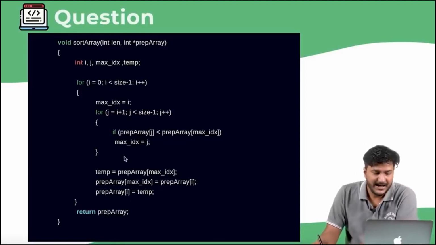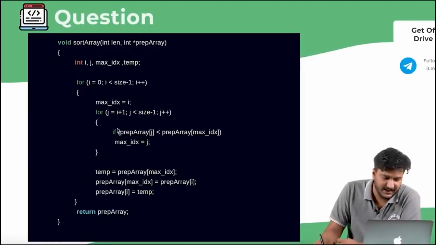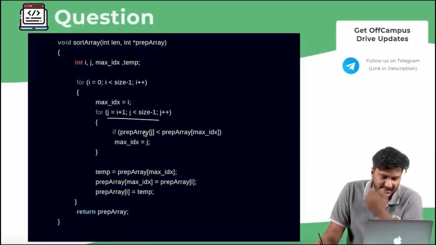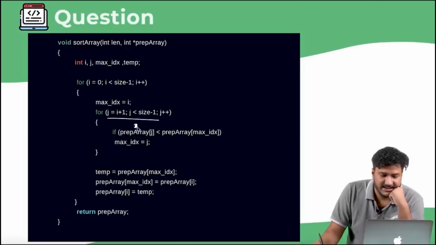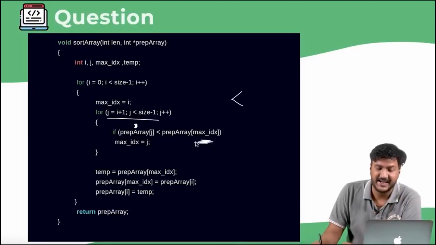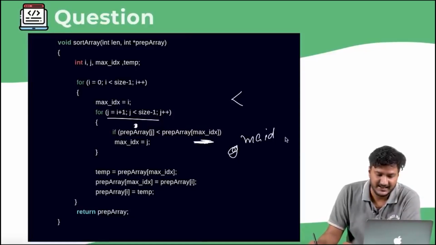Now, what is happening here? In my second for loop, they are saying that if the current value is less than the max index value, then the max index is j.